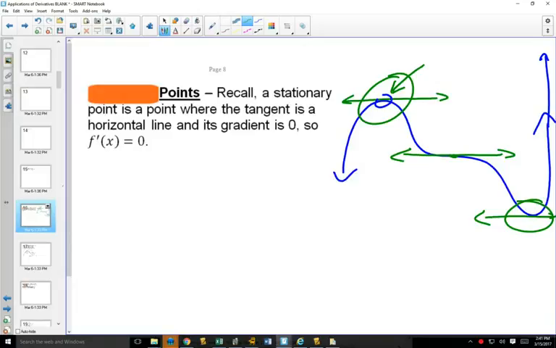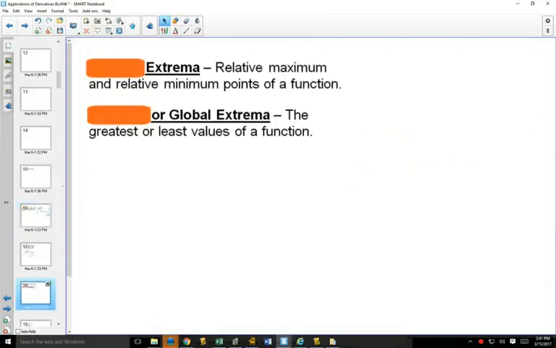But the graph somewhere else might have further on. So we call these ones that are in a smaller area a relative extrema, or a local min or a local max. And then if you're finding the one that's the biggest in the whole graph, that would be the absolute maximum.